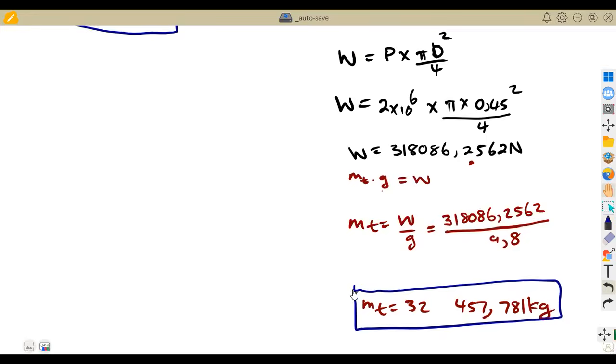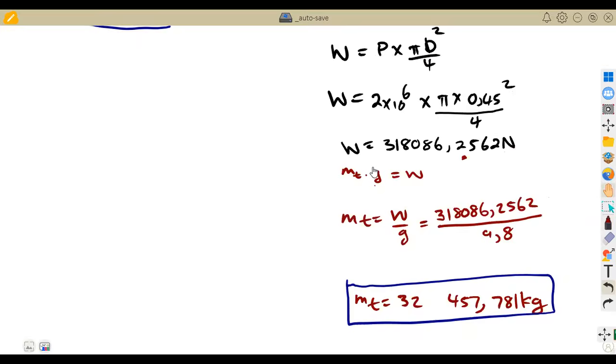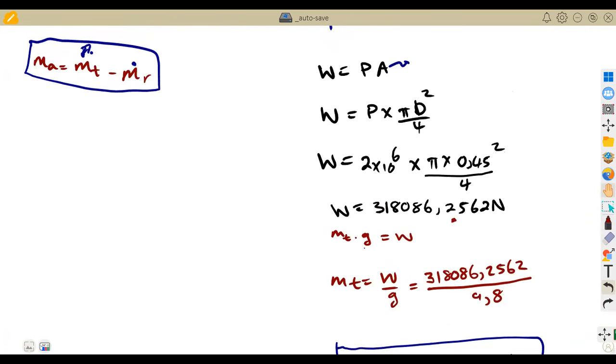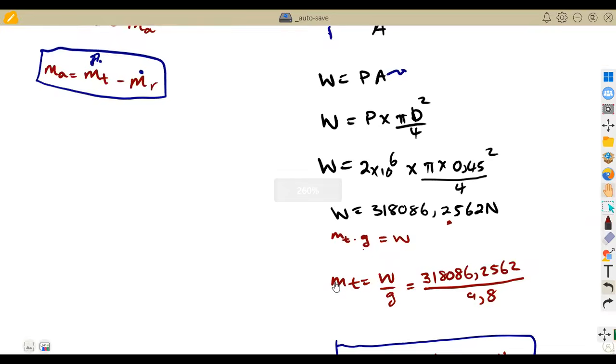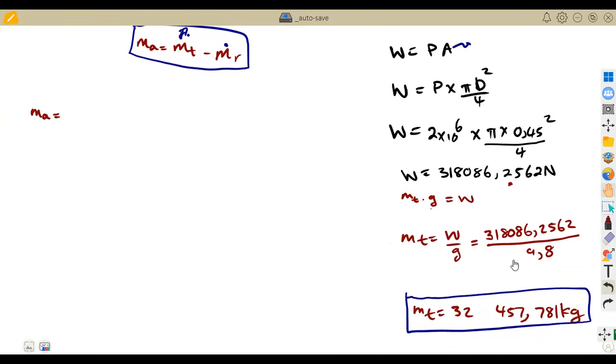Since we have the total mass in this case, we can calculate or obtain the additional mass, because from this formula that we are working with, our additional mass is going to be the total mass, which is the one that we calculated from the pressure that we are given. So this is the value that we obtained here, 32,457.781, minus the mass on the RAM.